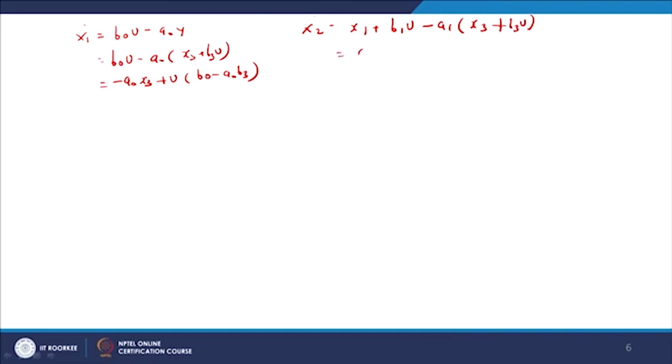So we will get x1 plus b1 into u minus a1 x3 minus a1 b3 into u, and after solving we will get x1 minus a1 into x3 plus u into (b1 minus a1 into b3).